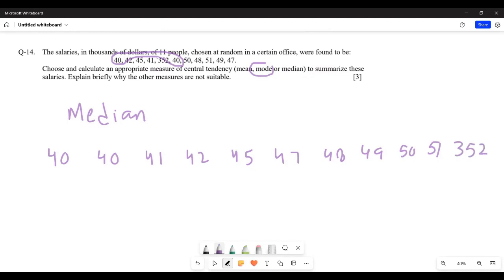That's 11 people, so 11 plus 1 divided by 2, the sixth value should be in the middle. It's this value. So median is going to be 47,000. Remember to write 1,000 with the answer.